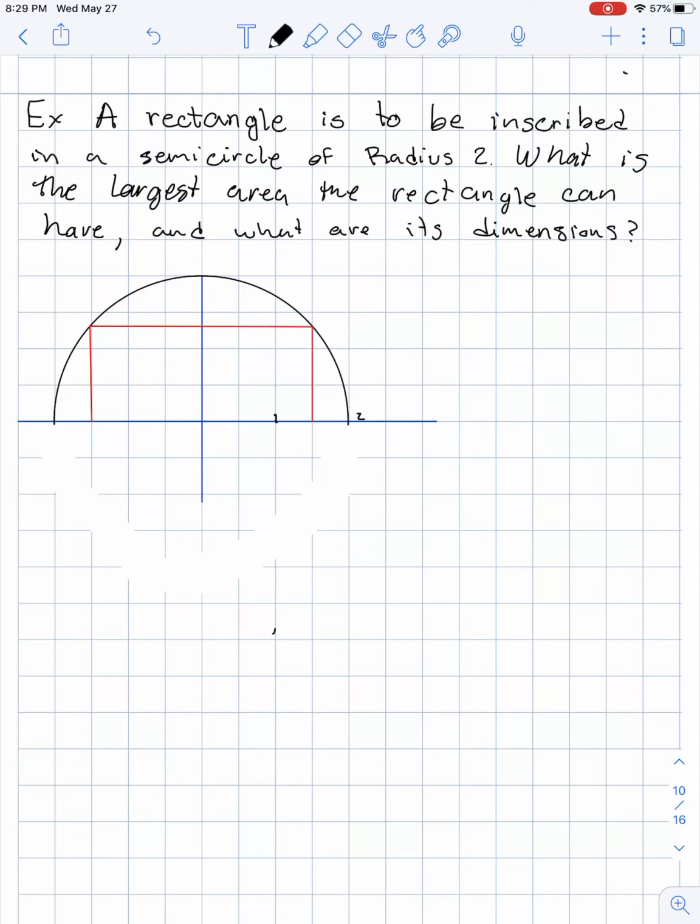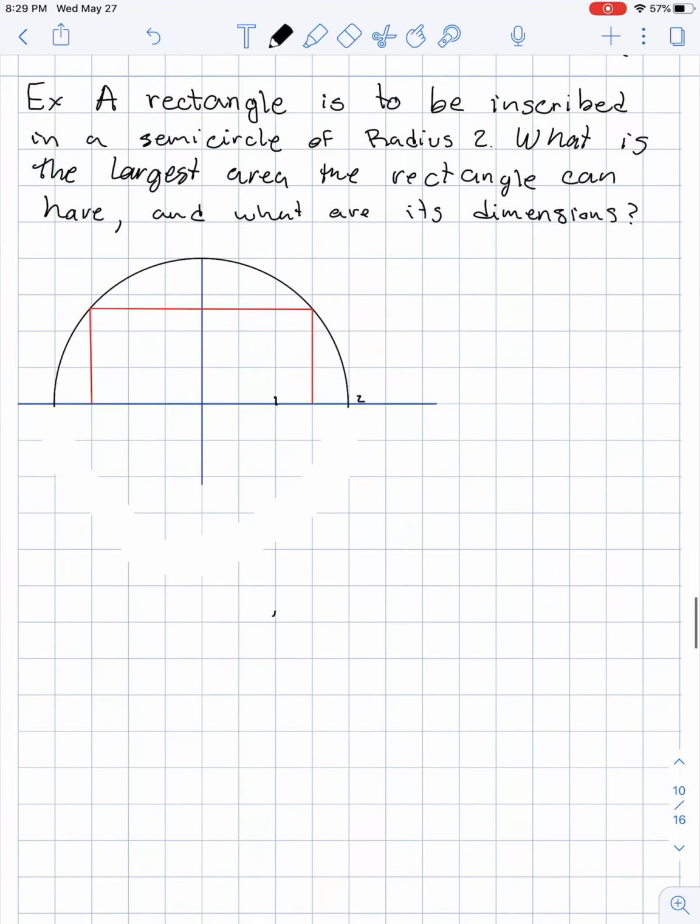So we have our semicircle of radius 2. I can make an equation for that.